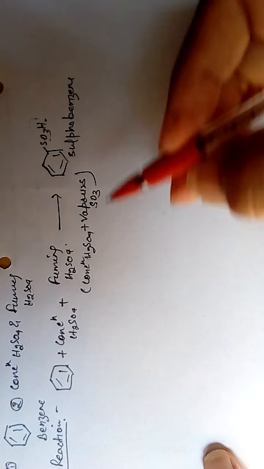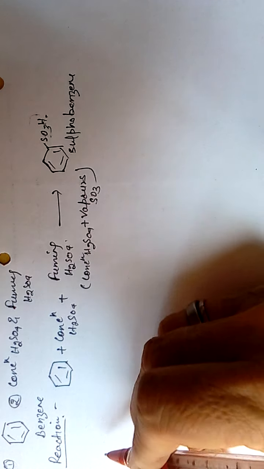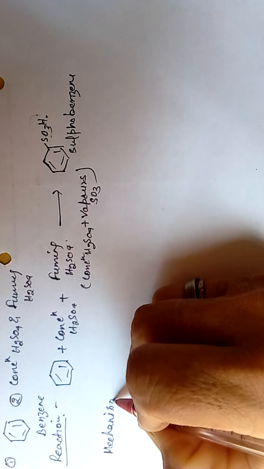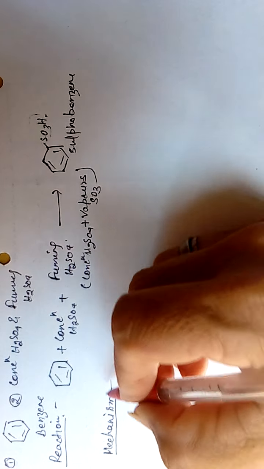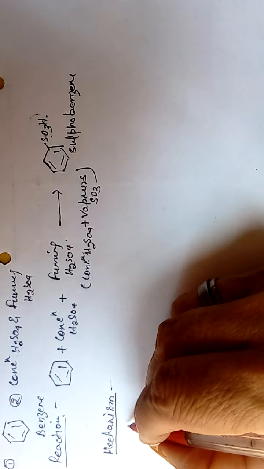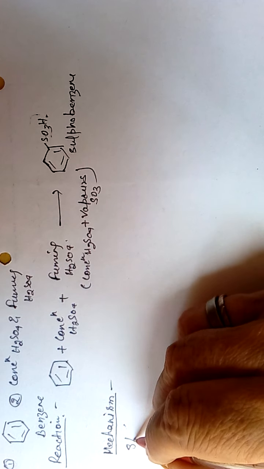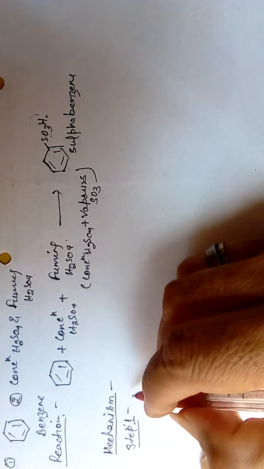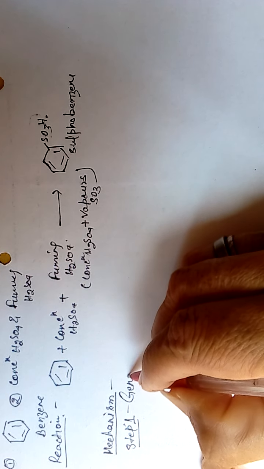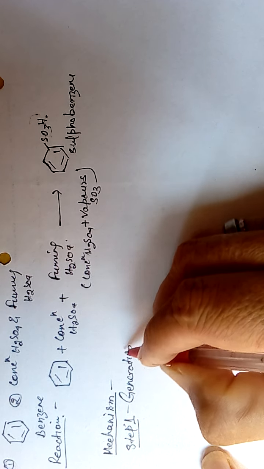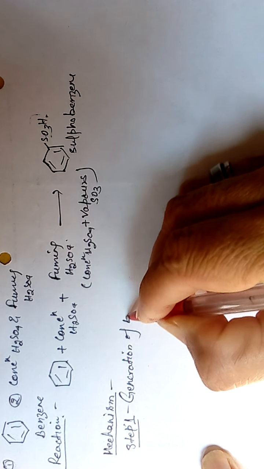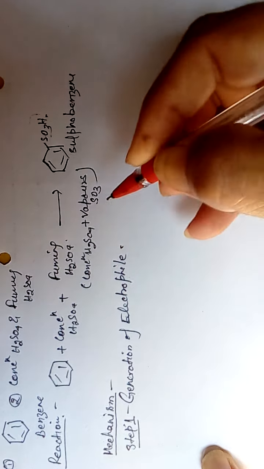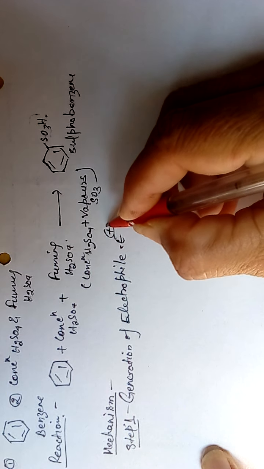Now let's see the mechanism of this reaction. Step 1 is the generation of the electrophile, that is E positive.